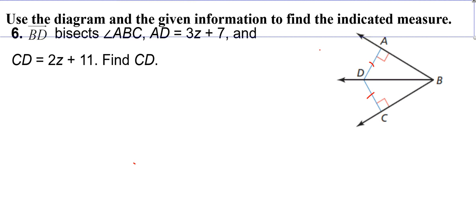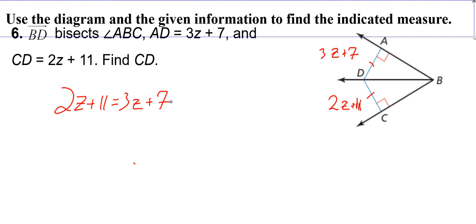I know that AD is 3Z plus 7, and I know that CD is 2Z plus 11. To find CD, I need to solve for Z. So we set up an equation: 2Z plus 11 equals 3Z plus 7. Get all my Z's on one side, so I get Z plus 7 equals 11.